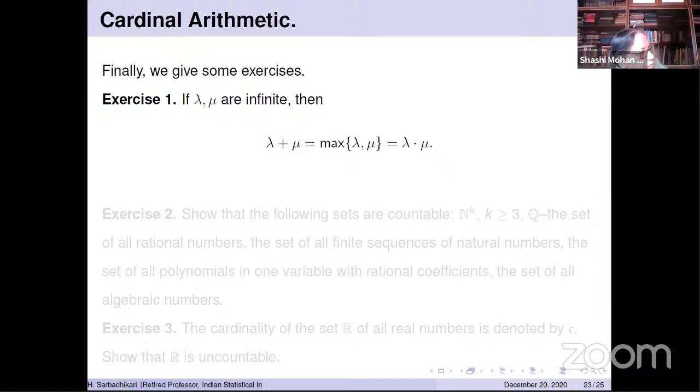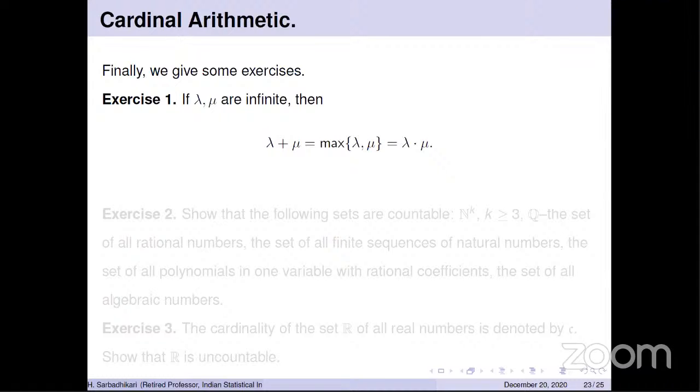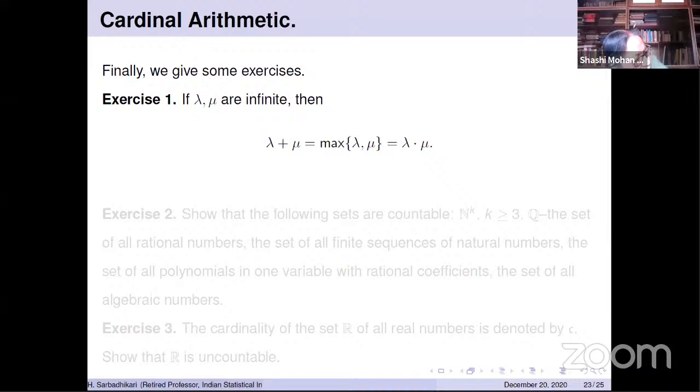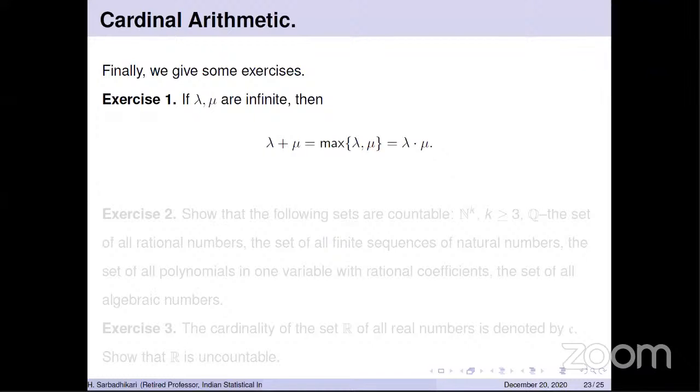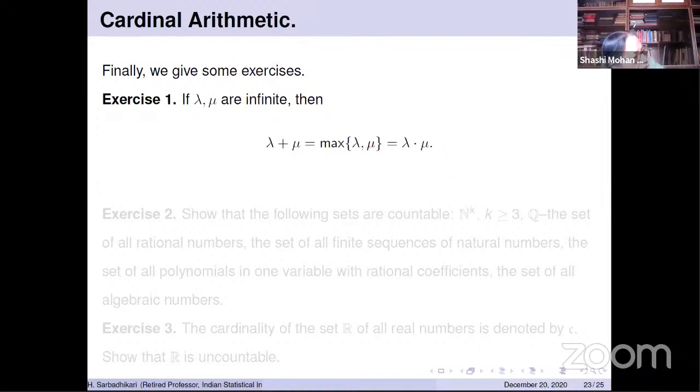A function is a set whose each element is an ordered pair, and for every x there exists at most one y such that the ordered pair (x, y) belongs to F. That is the general notion of a function. Now, if you stick to the definition that a function has to be a set, then the answer to your question is no. On the other hand, we have already seen a function, lambda going to 2 to the lambda.